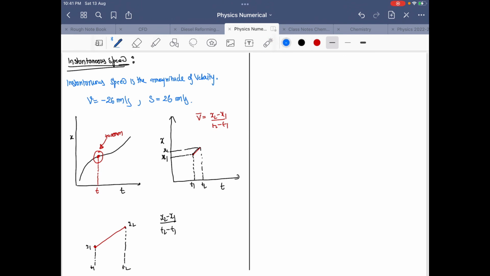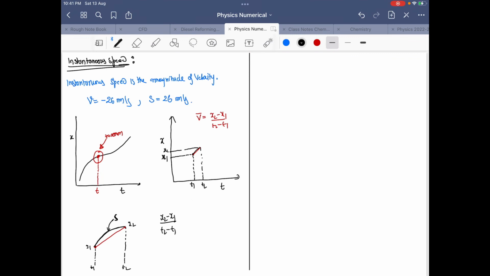Now actually we have this distance. This is our actual distance. If you see the curve, it is like this, and this is the actual distance. Let's take this as s. s is the total distance between x1 and x2.